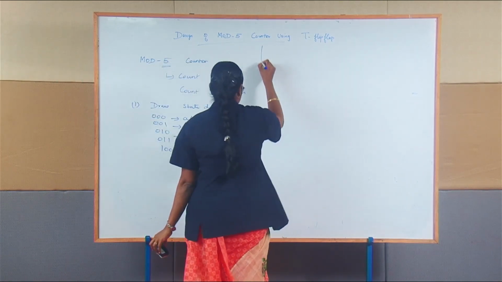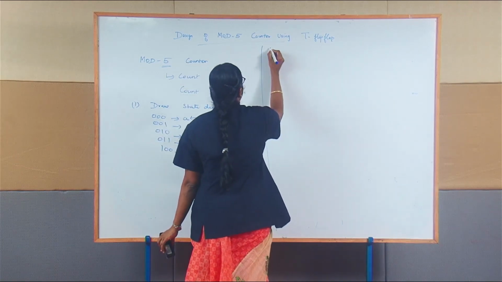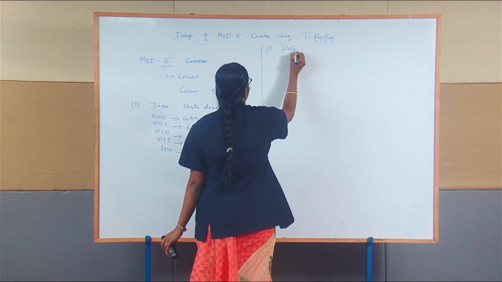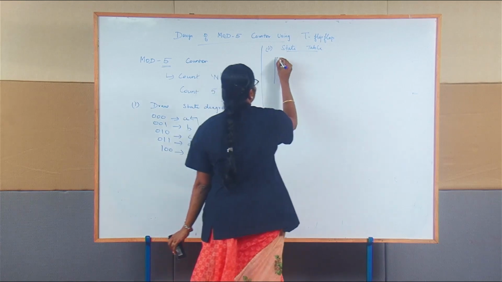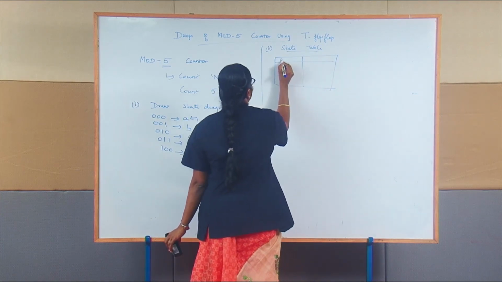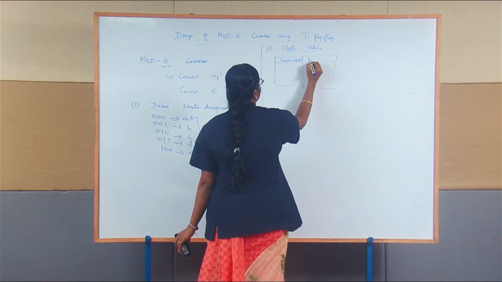Next, draw the state table. The state table has the present state and next state information.